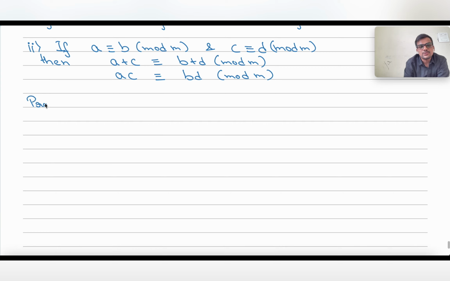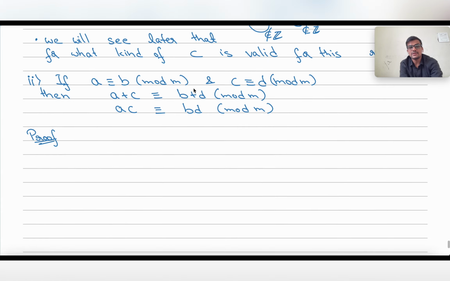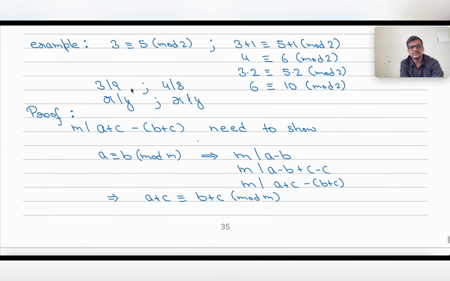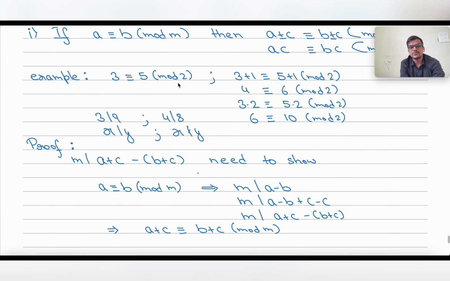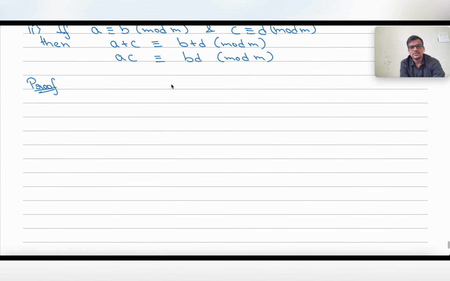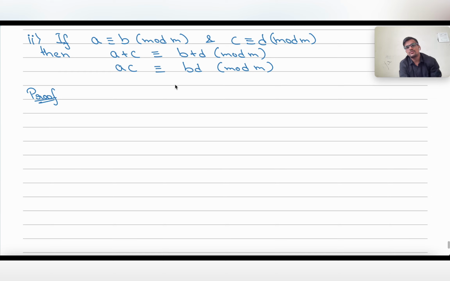To prove this, take one particular example as we did in the last cases. Here, 3 is congruent to 5 modulo 2. You can take one more example and verify that this result holds. But let's take the example. 3 is congruent to 5 modulo 2, and see, in both cases we are using the same modulo M only.